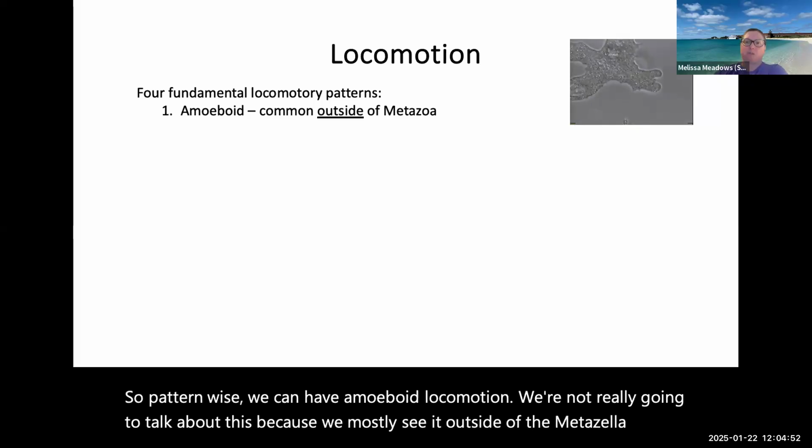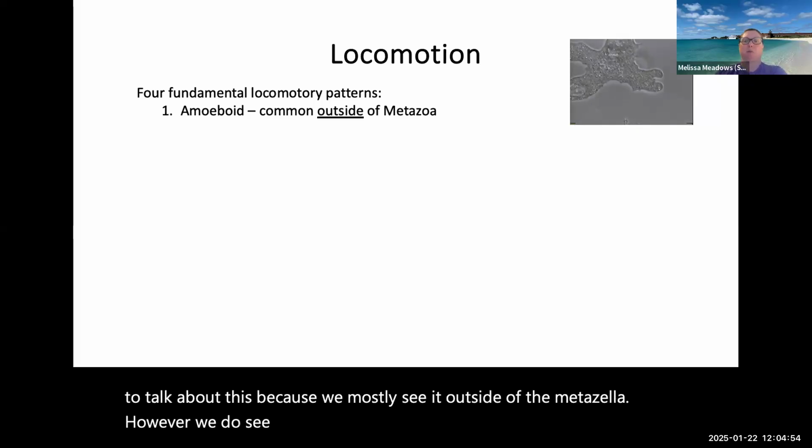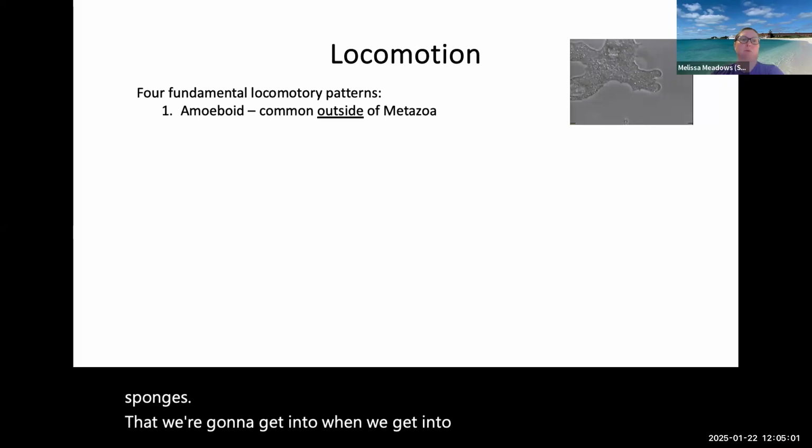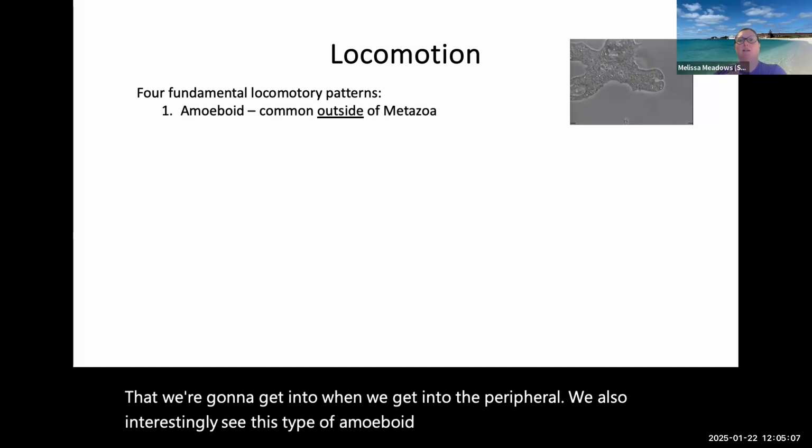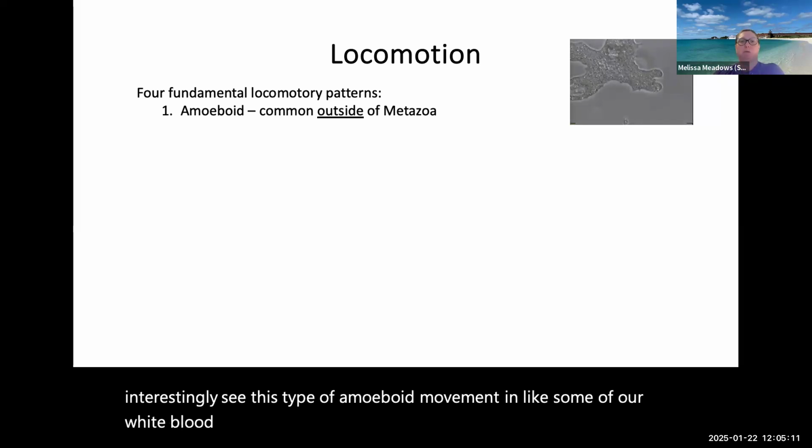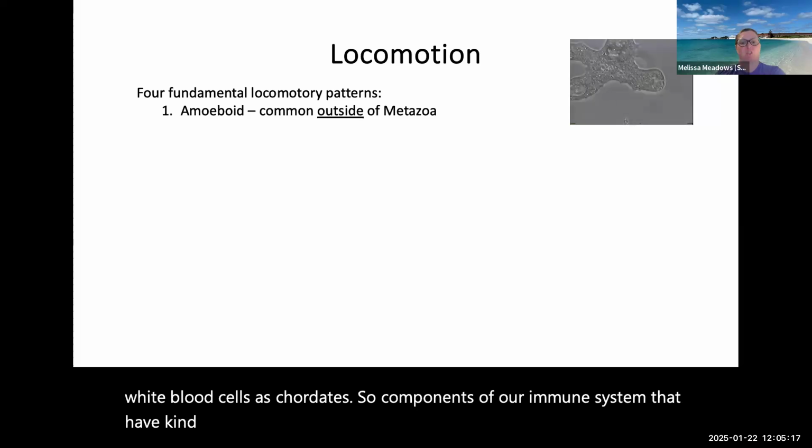However, we do see it in especially some of the types of cells in our sponges that we're going to get into when we get into the periphery. We also interestingly see this type of amoeboid movement in some of our white blood cells as chordates, components of our immune system that have really ancient characteristics.